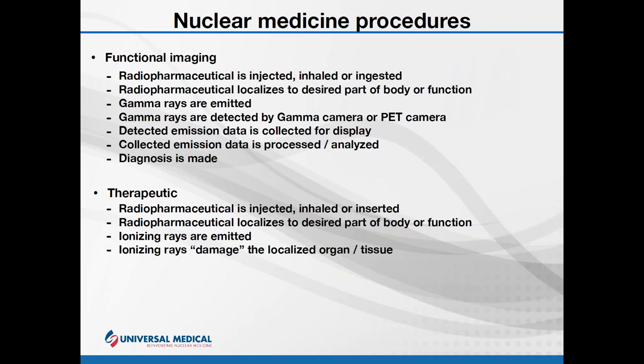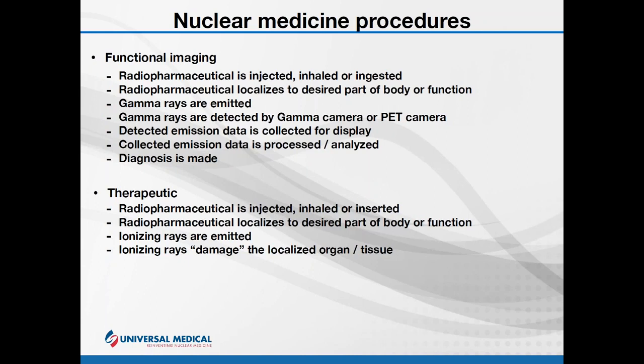So we've mentioned that there are 2 primary uses of nuclear medicine procedures. The most common is functional imaging, which we've discussed, but additionally there's therapeutic. In functional imaging, the radiopharmaceutical is ingested or inhaled into the body, and the radiopharmaceutical gets localized into a desired part of the body or function, and that's based upon the tag or the label used.